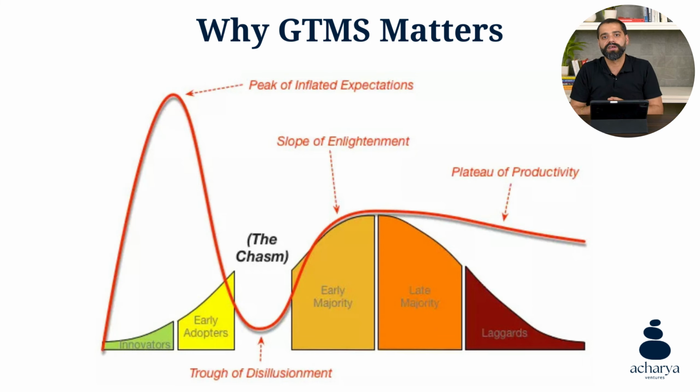If you look at it, startups usually follow a curve. There is an initial excitement phase where everything goes up, and then there are a few early adopters as well. But once you start marketing your product at scale, you realize that either your marketing is not working, or your positioning is not working, or the product pricing is not working.